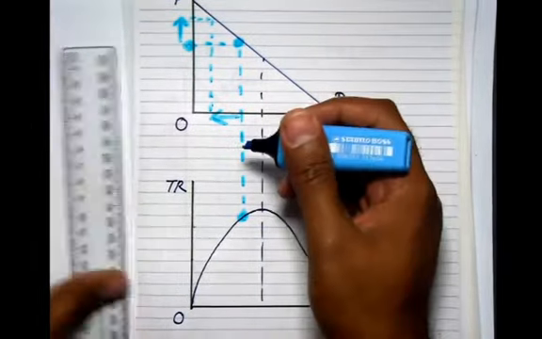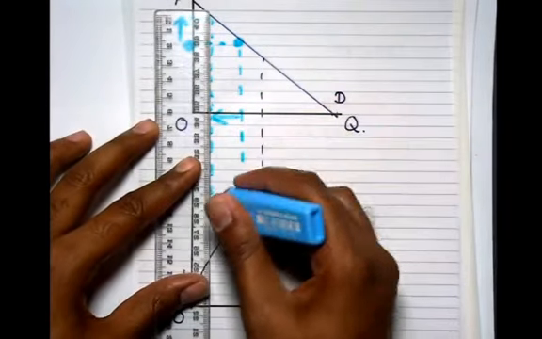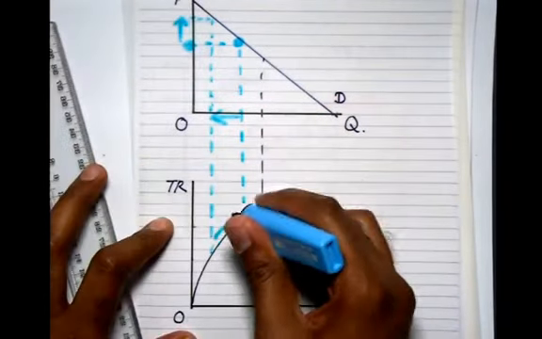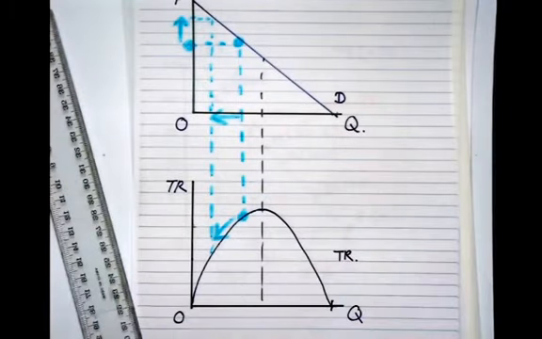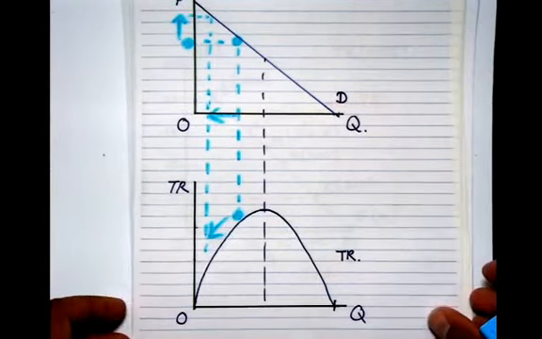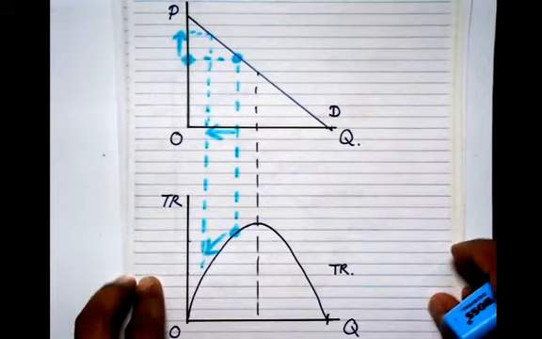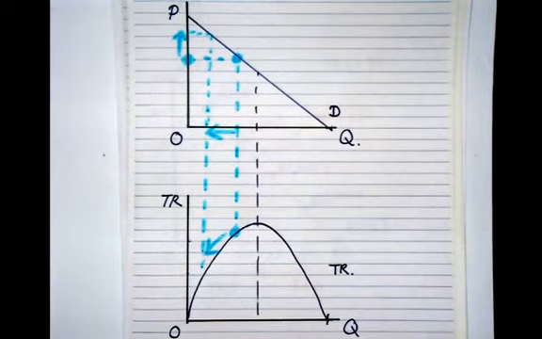Look what happens to the total revenue. The total revenue goes down. Do you agree with that? On the left-hand side, I've increased the price and total revenue has gone down.